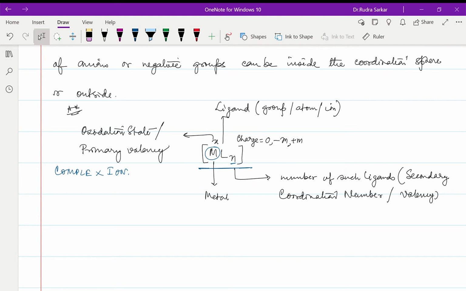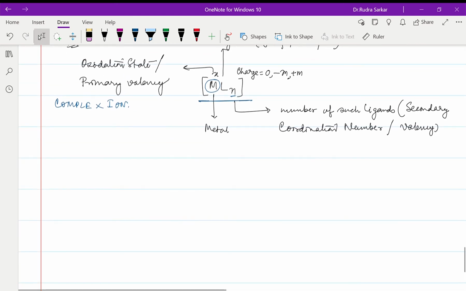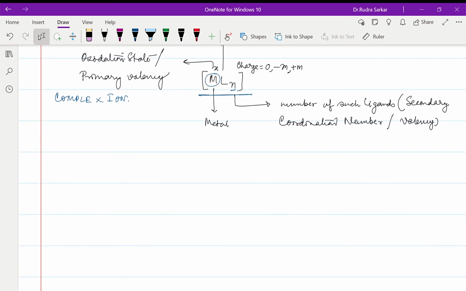Now, in the next section, we will see how complexes can be anionic, cationic, or neutral. So let's consider complexes. They can be cationic complexes, anionic complexes, and even neutral complexes.